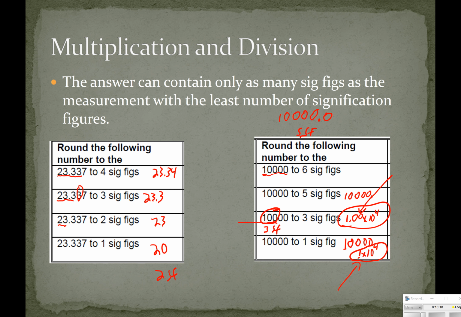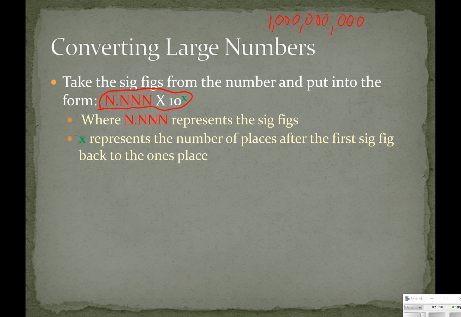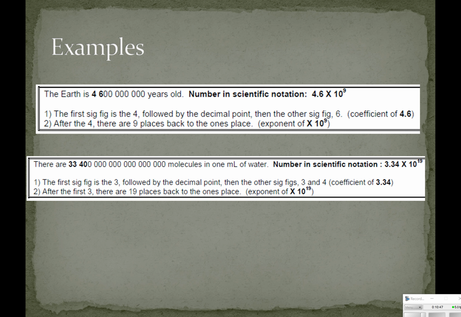It's still representing 10,000. But when we wanted to show 3 sig figs, we put all those sig figs in the number here. The X is going to represent how many places the decimal moves after that first significant figure back to the ones place. Okay? So it's how many spaces we move the decimal to make our scientific notation or to expand it. You always want to move the decimal back to the ones place.